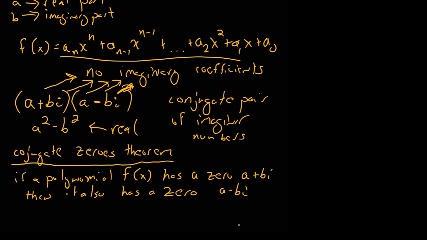You get the other one for free. If you have one imaginary solution, they're always going to come in pairs.